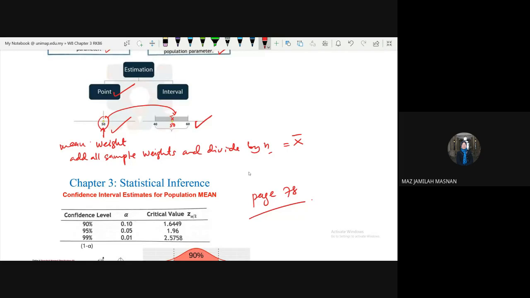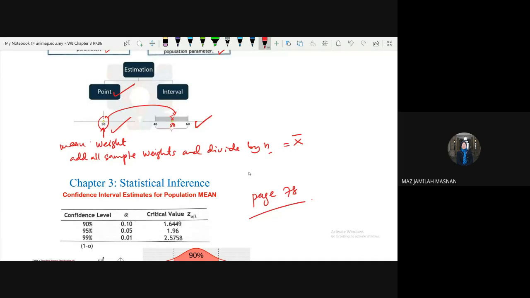That is the point estimate. What if my point estimate may not be precise? Using a single point may not give the answer for our population mean, or for example the population proportion. The option we have is to come up with an interval.